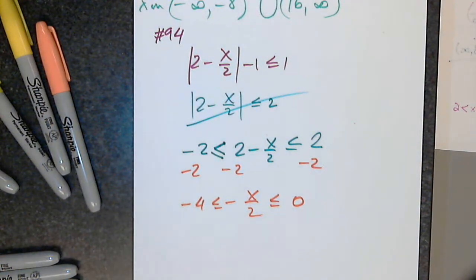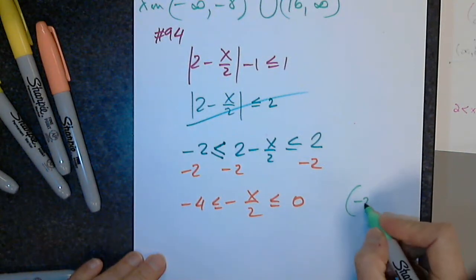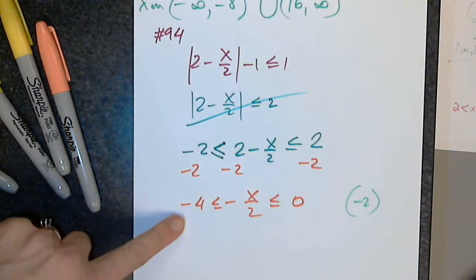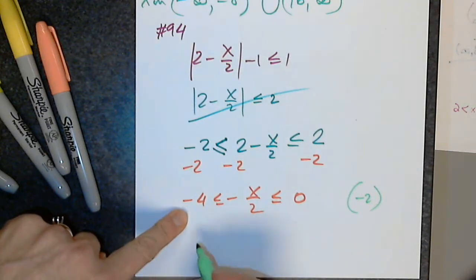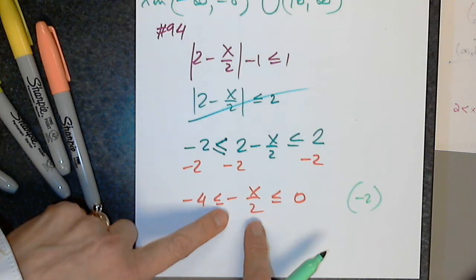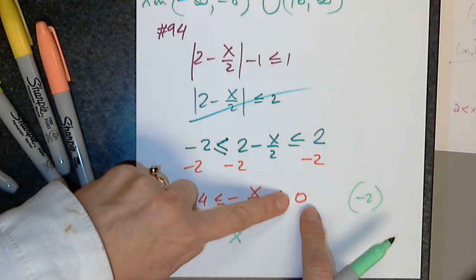Perfect. What am I trying to get rid of next? And that's the last step. Yes, multiply both sides by negative 2. When I multiply this by negative 2, what do I get? Good. When I multiply this by negative 2, what do I get? Perfect. When I multiply this by negative 2, what do I get?